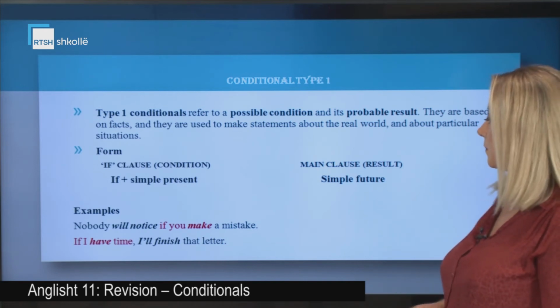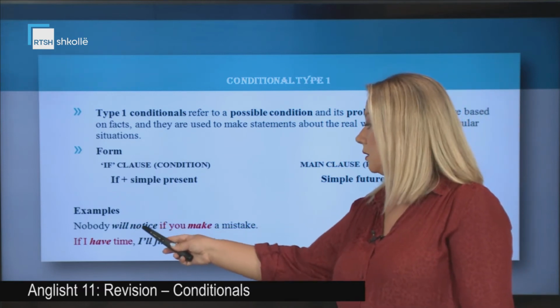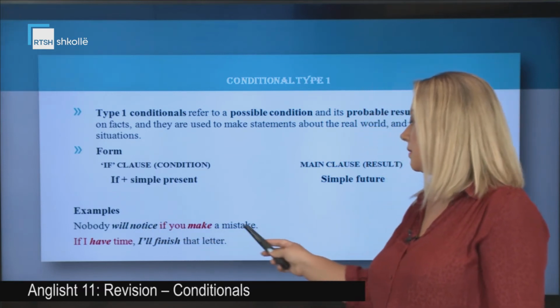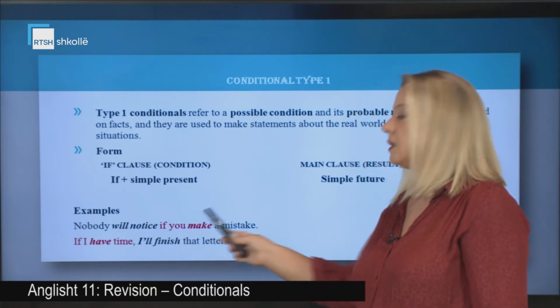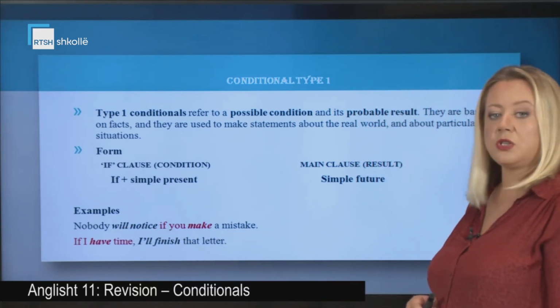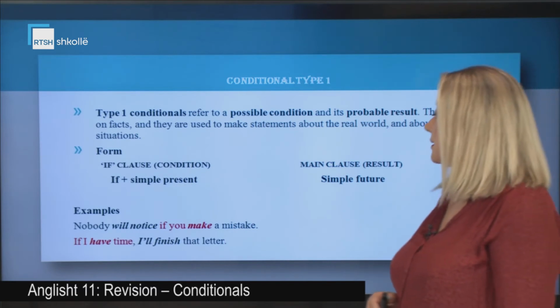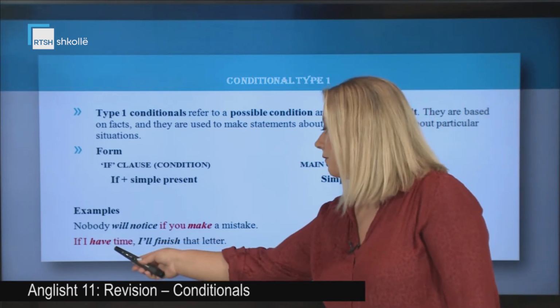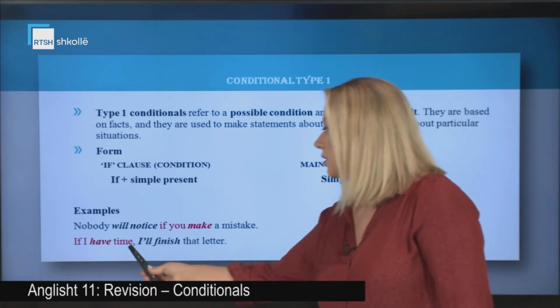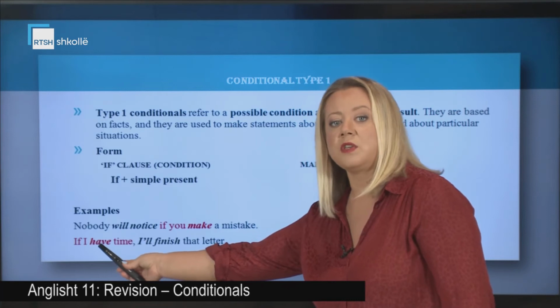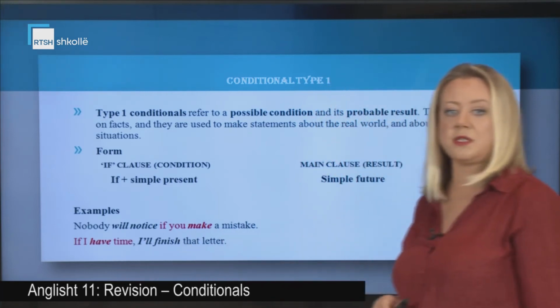The examples: nobody will notice if you make a mistake. Here we have the result clause, and here it is the if or condition clause. The second example: if I have time, I'll finish that letter. Here we see that the condition clause is at the beginning of the sentence and then comes the result.